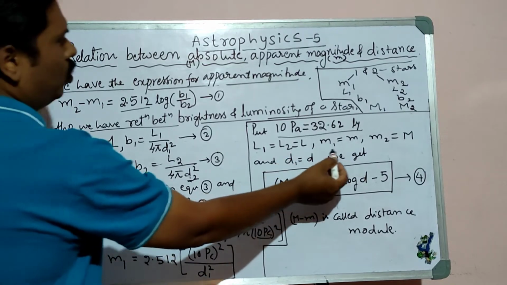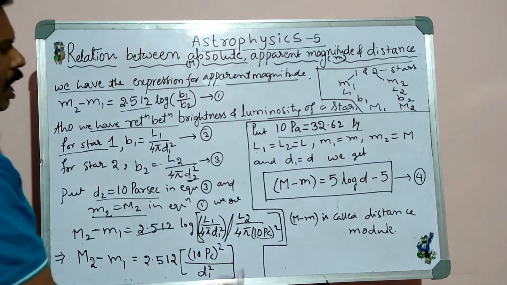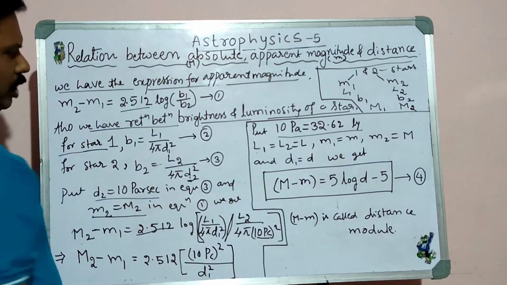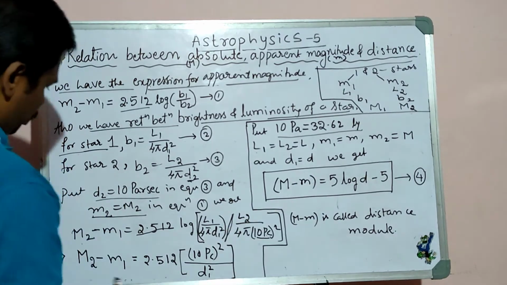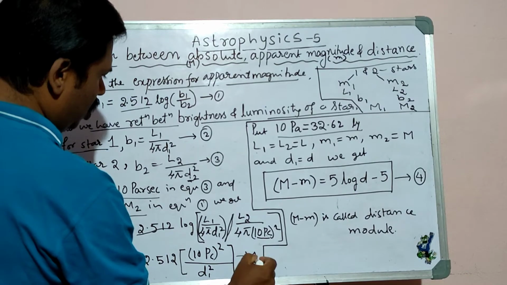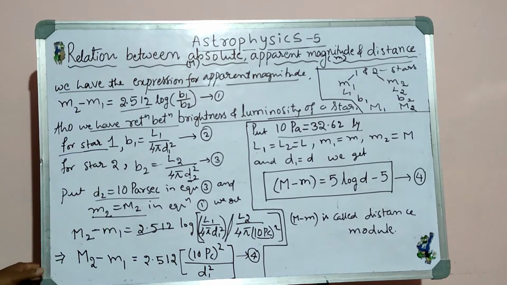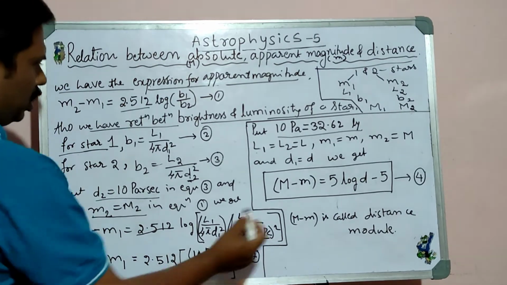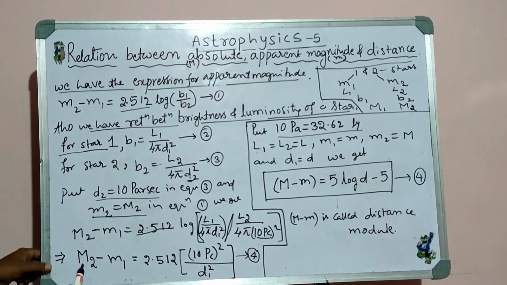Now here m1 is equal to m and M2 is equal to capital M, and also D1 is equal to D. Therefore this equation, call it equation number 4, becomes: in place of M2 here capital M, and in place of m1 only small m, M minus m is equal to 2.512 log of 10 parsec.